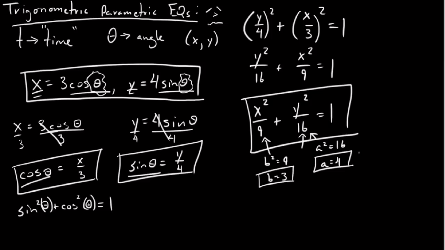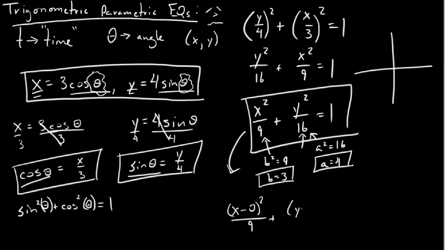Then we'd have to solve for c, it being an ellipse. Let's look at this in standard form. Let me rewrite it: x minus 0 squared over 9 plus y minus 0 squared over 16 equals 1. So the center is at 0, 0, the origin.